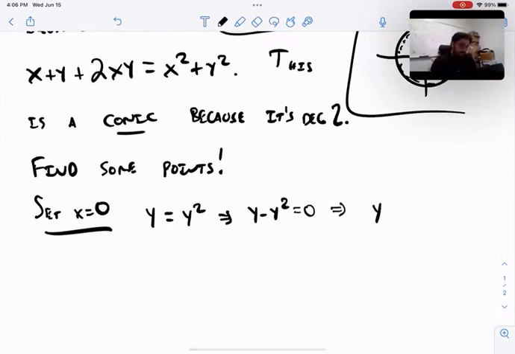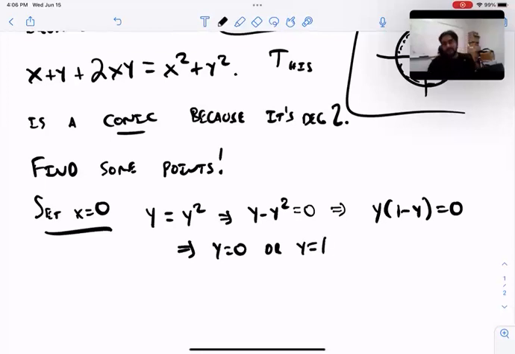So y times (1 minus y) equals 0. So the two solutions to this equation are y equals 0 and y equals 1, right? So I have 2 nice points to graph, (0, 0) and (0, 1). Those are now points on my graph.